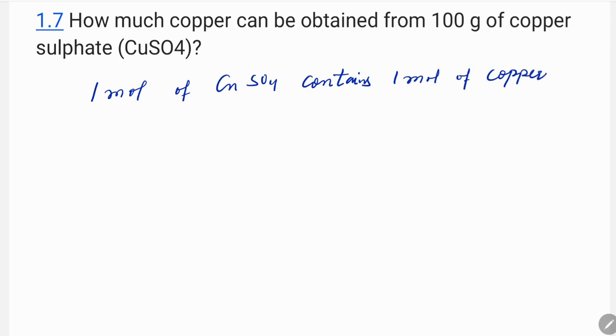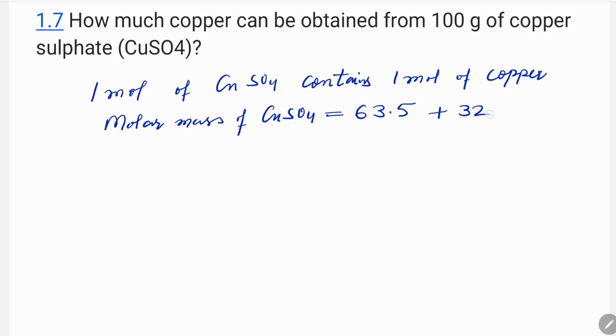So, what is the molar mass of copper sulfate? As we already know, it can be calculated. The mass of copper metal is 63.5 grams, plus sulfur is 32 grams, plus 4 into oxygen, which is 16 grams.